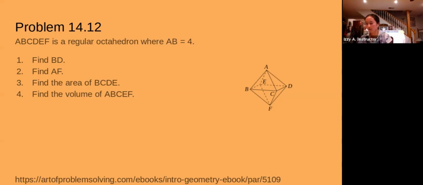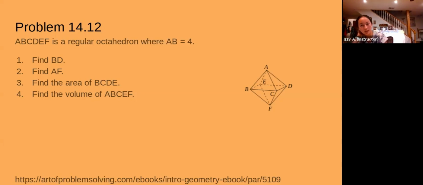And then finally, to find the volume of ABCDEF, we want to think of it as 2 congruent square pyramids, ABCDE and FBCDE. Because the altitudes from A and F of the 2 pyramids make up AF, the height of each pyramid is AF divided by 2, which is 4 times the square root of 2 divided by 2, which is equal to 2 times the square root of 2.